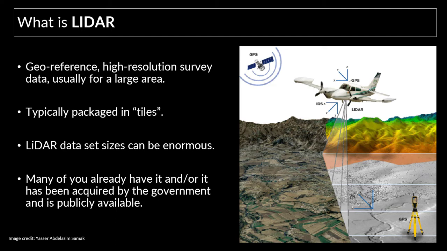The other great thing about LiDAR is that it's now available in a lot of public, government-sponsored sites, and it's free. So if you're lucky enough to be in the right area, you can download LiDAR without paying for it.